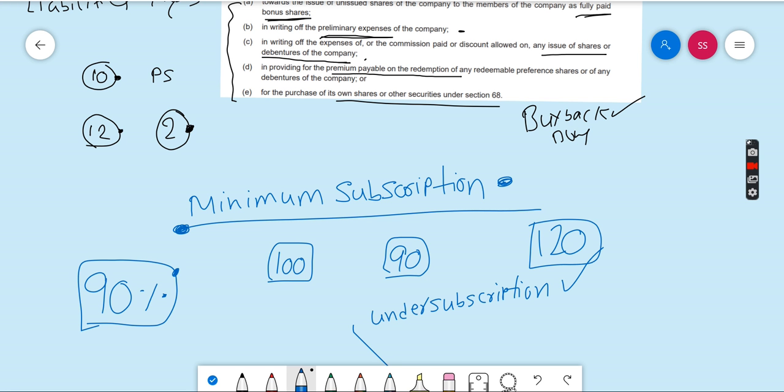If they subscribe 90, right? If they subscribe less than 90, that will be under subscription. If they subscribed more than 90 or more than 100, then it will be called over subscription.